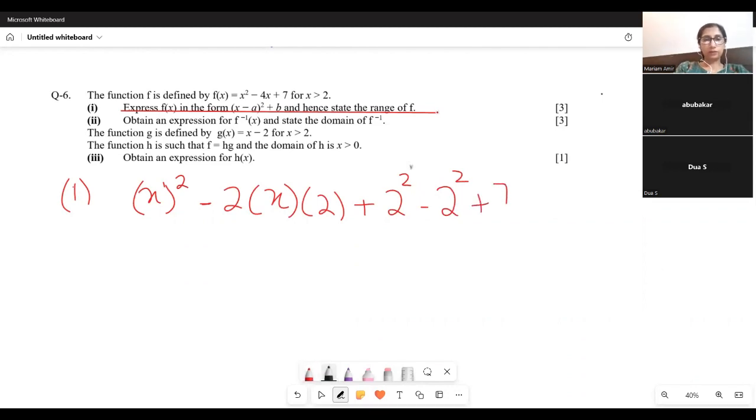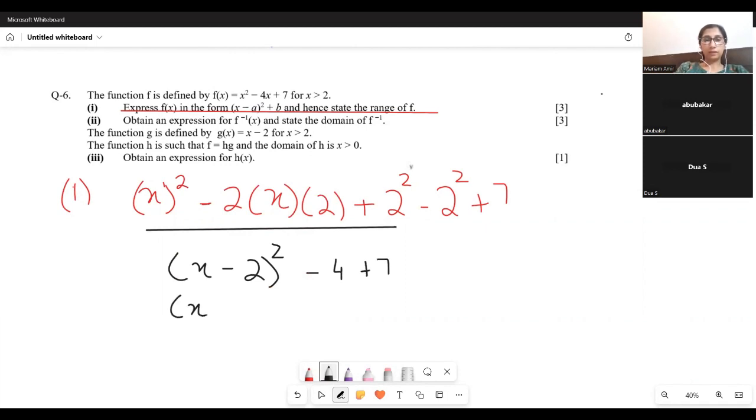Okay, so this collectively becomes (a minus b) whole square, in fact (x minus 2) whole square, minus 4 plus 7, so that's (x minus 2) whole square plus 3. So hence state the range of f(x).